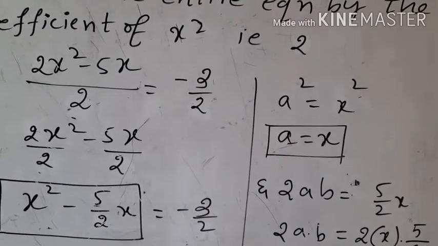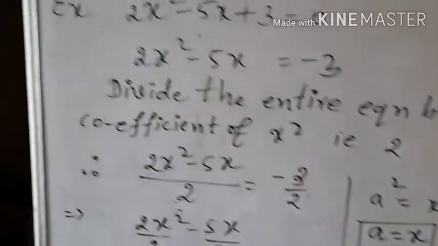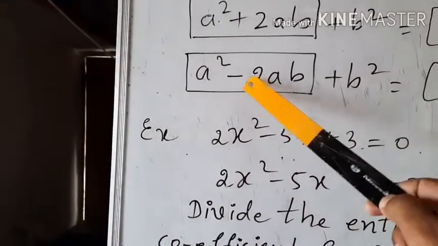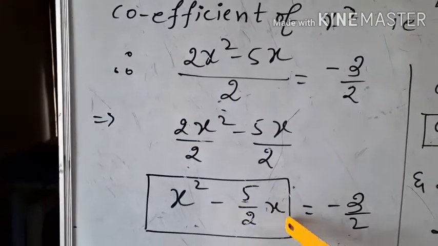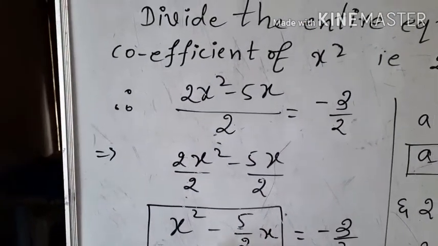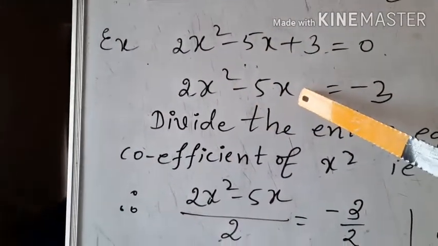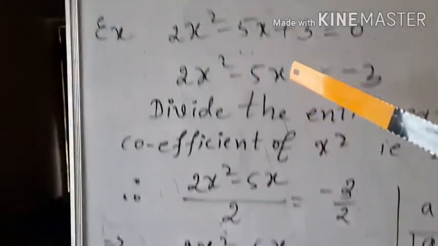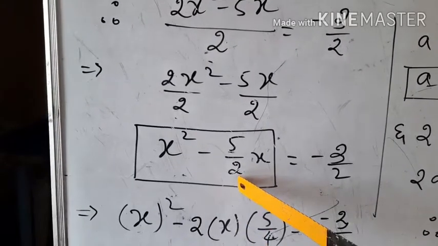See here, the 2ab term is equal to 5 by 2 x. See here, in place of 2ab there is 5 by 2 x, right? Where there is minus, there is minus, but where there is 2ab, there is 5 by 2 x.